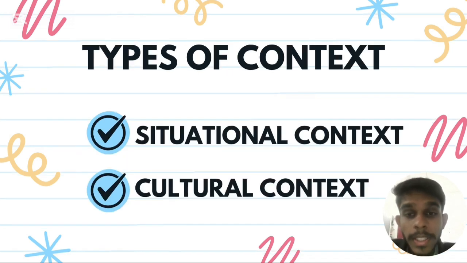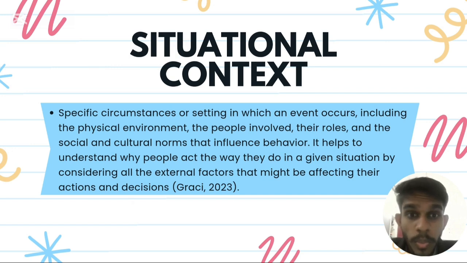Out of the three types of context, today we are going to focus on two contexts only, which are situational context and cultural context. So, what is situational context? Let's look at the definition.